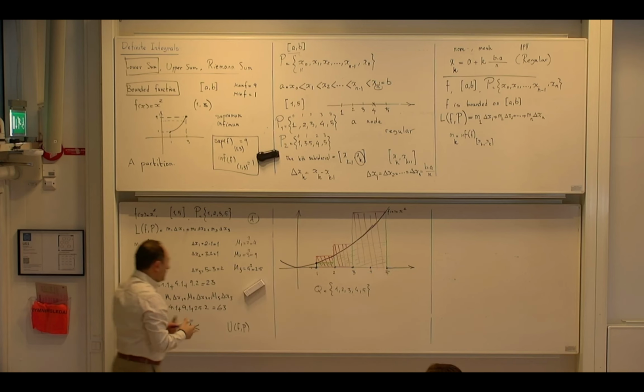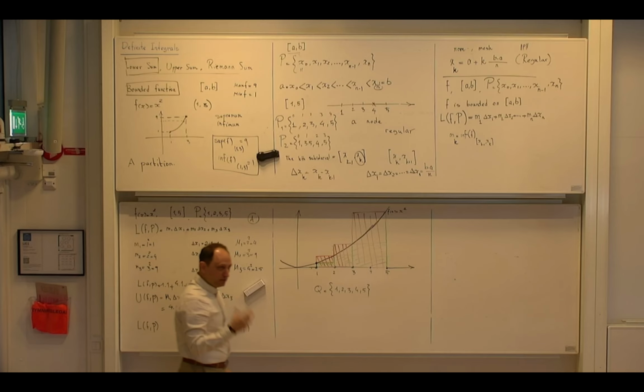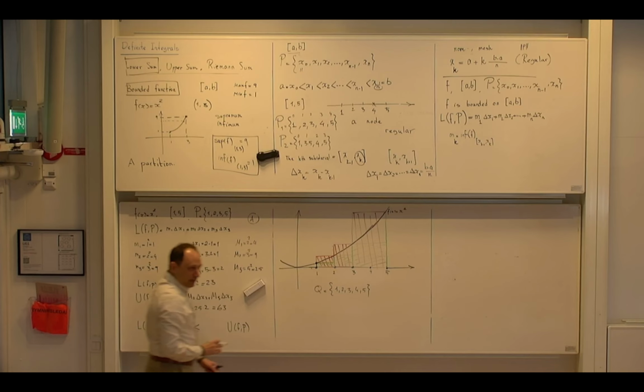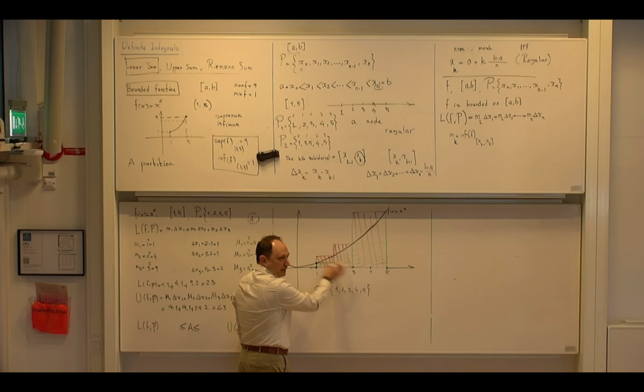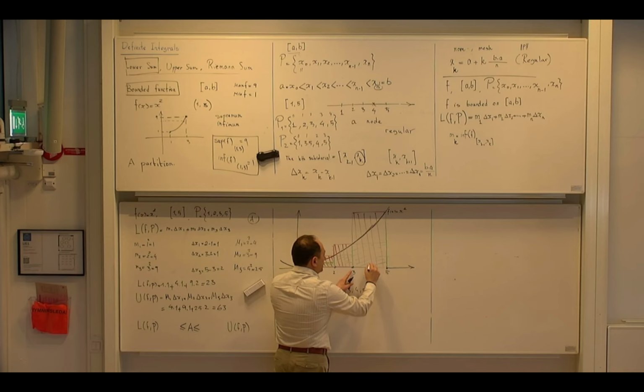Okay? Then, do you expect that this L and U will change if I change P to Q? Yes. But let us see how it will change intuitively. Do you agree that the first term will remain intact because nothing has changed there? The second one will remain intact, both for L and for U. But this one will change because I will have another line that I have to consider.